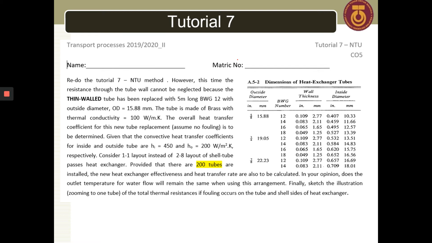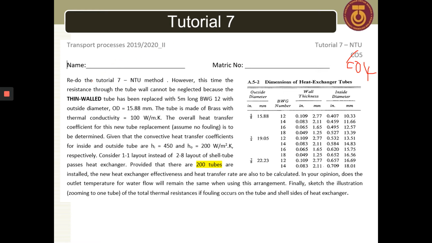Here it should not be CO5, because it is actually CO4. For our new curriculum, we have only 4 course outcomes instead of 5, and for heat exchanger it is specifically 4. Now let's not focus on the course outcome, let's focus on the tutorial itself.